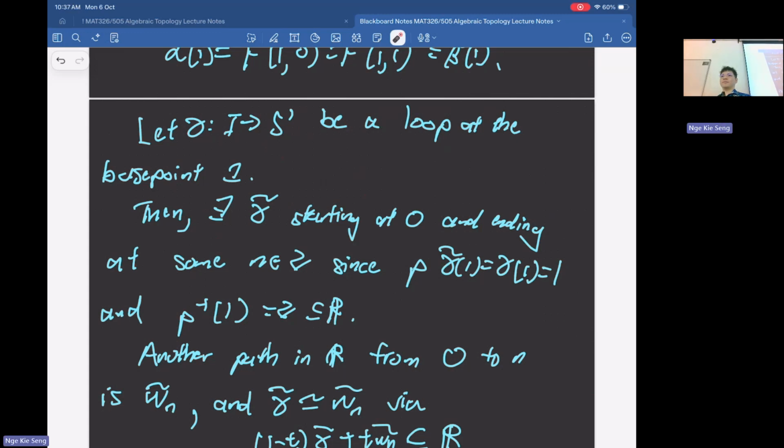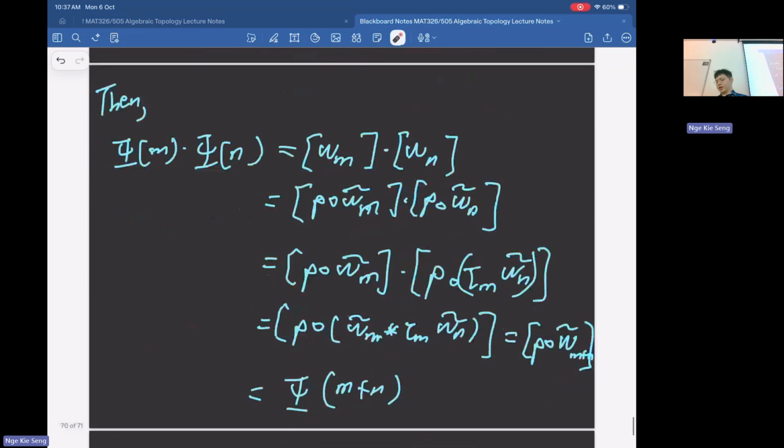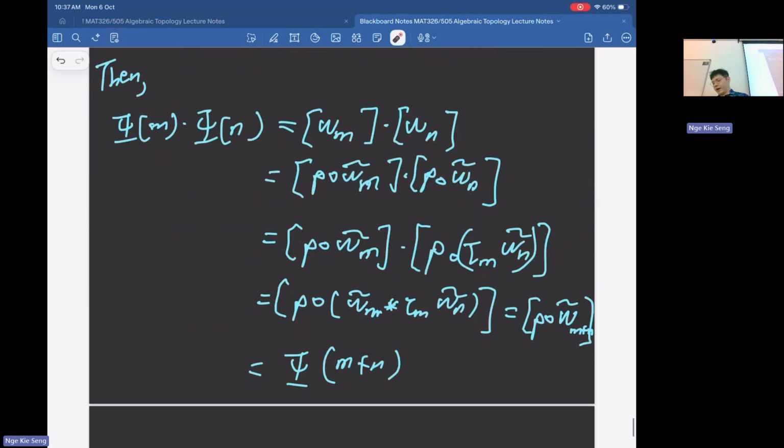为什么那三个 compose 起来会是…… Yeah, so that's the thing. So you need to understand why this tree composition here is a path that run M plus N round.